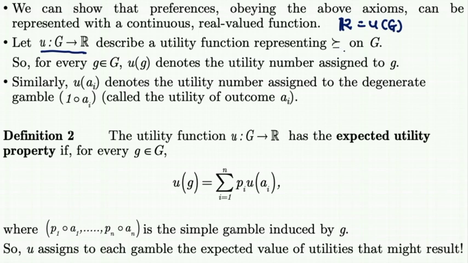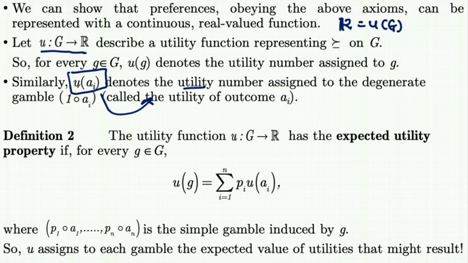At least as preferred as on the set of gambles, capital G. That means for every gamble which is an element in set G, the utility of the gamble denotes the utility number assigned to gamble G. Similarly, if we have U of A_i, it denotes the utility number assigned to the degenerate gamble, that is 1 as a composite of outcome A_i. So this one, we call it the utility of outcome A_i.